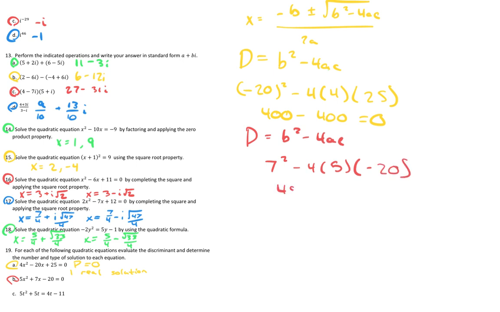So we get 49 minus 20 times negative 20, so that's plus 400, is equal to 449. So we got a positive answer that's greater than 0. So our discriminant is equal to 449. So because it's positive, that means that there's 2 real solutions.